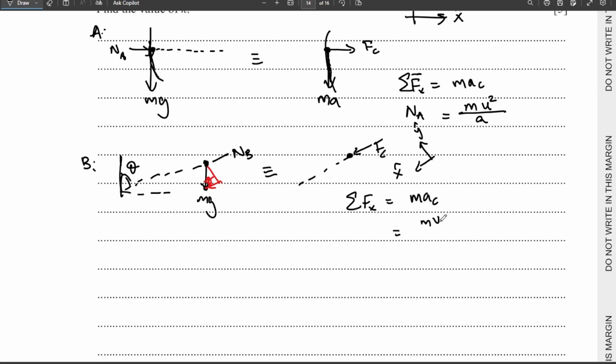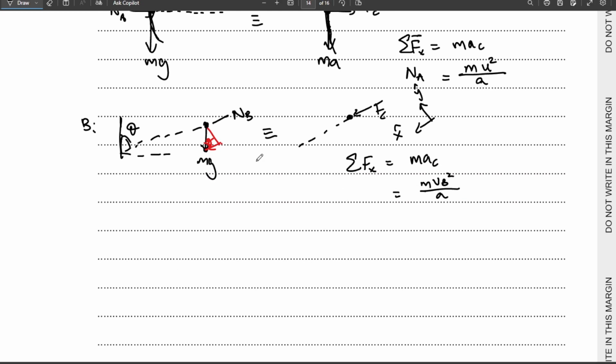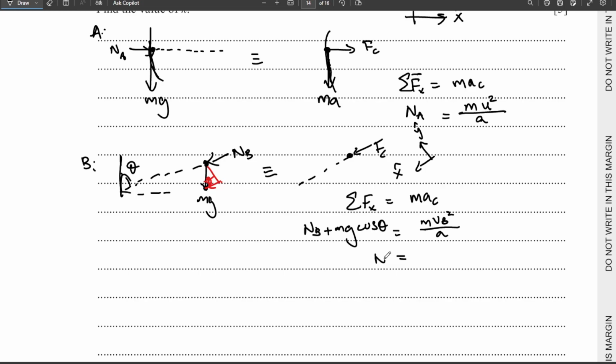We're going to use v_B squared divided by r, which is still a. It's still the same circle. And the forces you're going to have are N_B going in the correct direction, and also mg cosine theta going in the same direction, so both are positive here. Let's isolate N_B so that we can do the simplification later on.